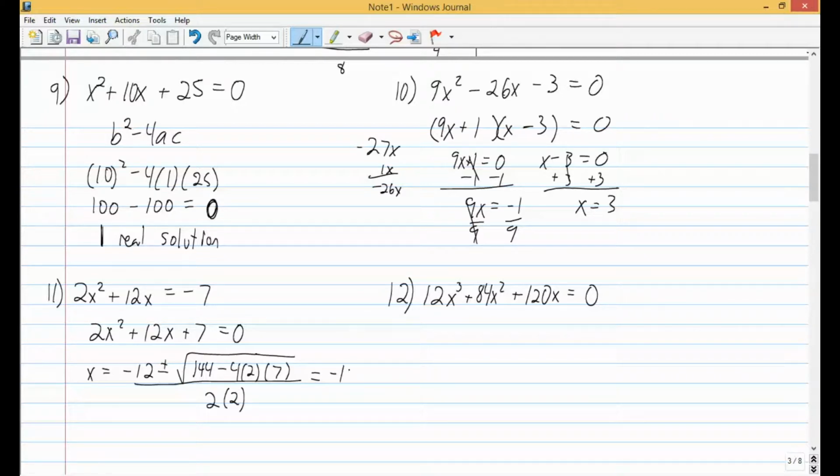So that's negative 12 plus or minus the square root of 144, and then that's going to be minus 56 all over 4.